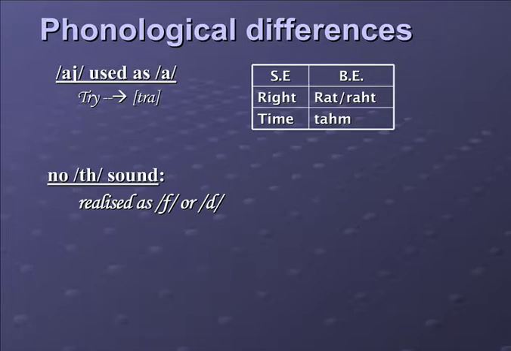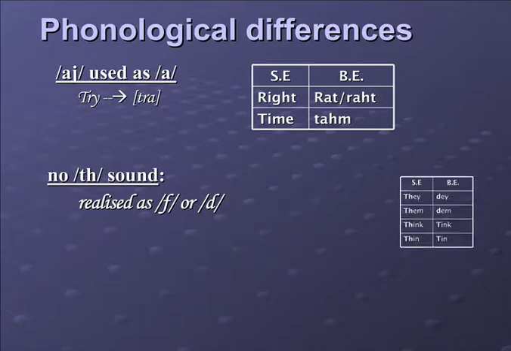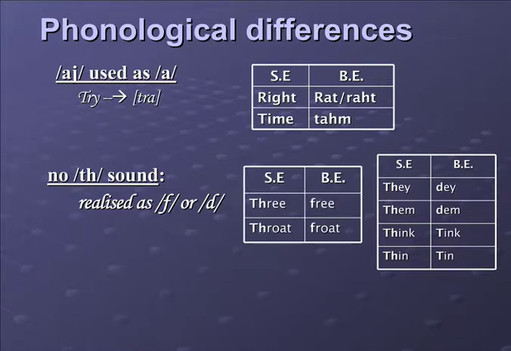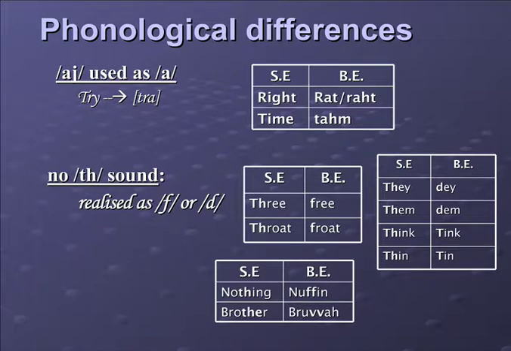Instead, it's realized as an f or a d. For example, they, them, think are pronounced as dey, dem, tink. Three and throat are pronounced as free and froat. And nothing, brother is bruvver, nuffin.